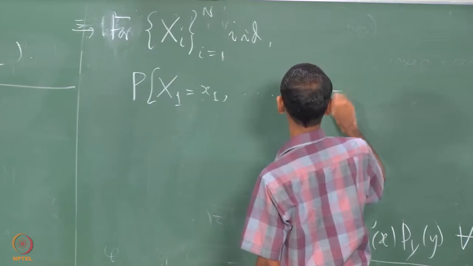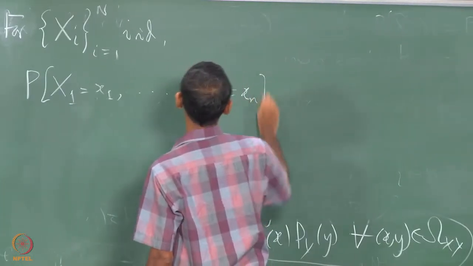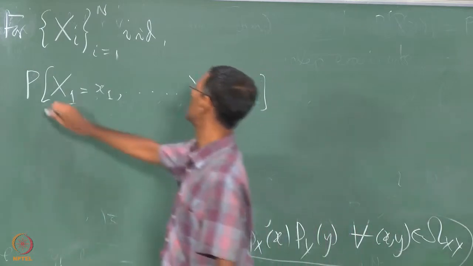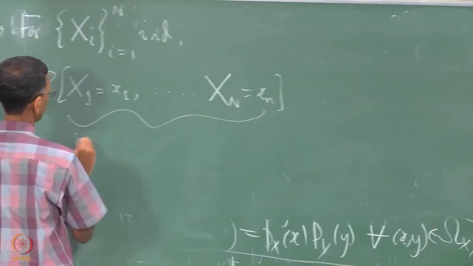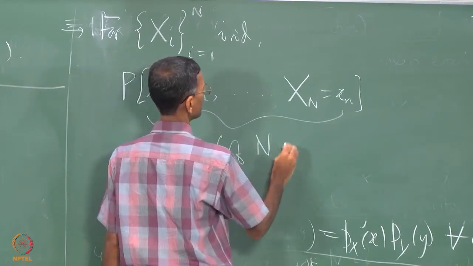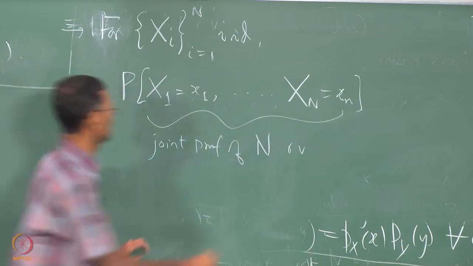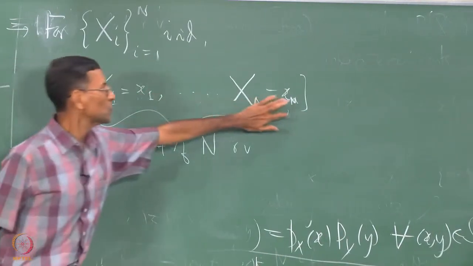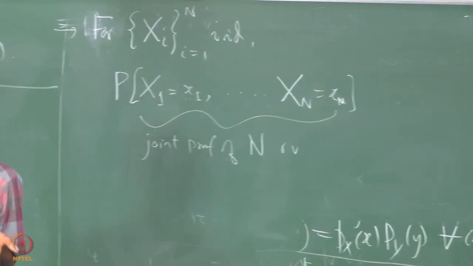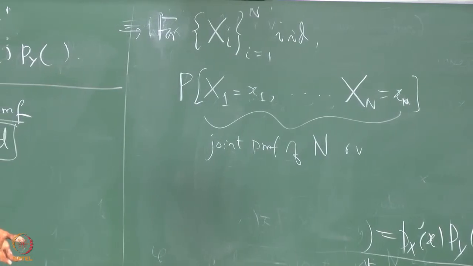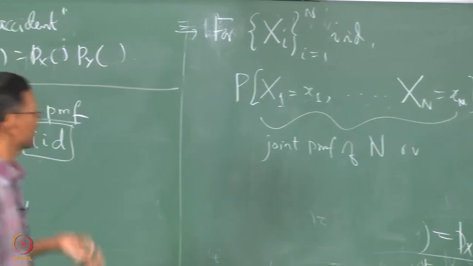In fact, this is a joint PMF of n random variables, where small x1 through xn are some values that the whole random vector X can take. So, what is this going to be equal to?